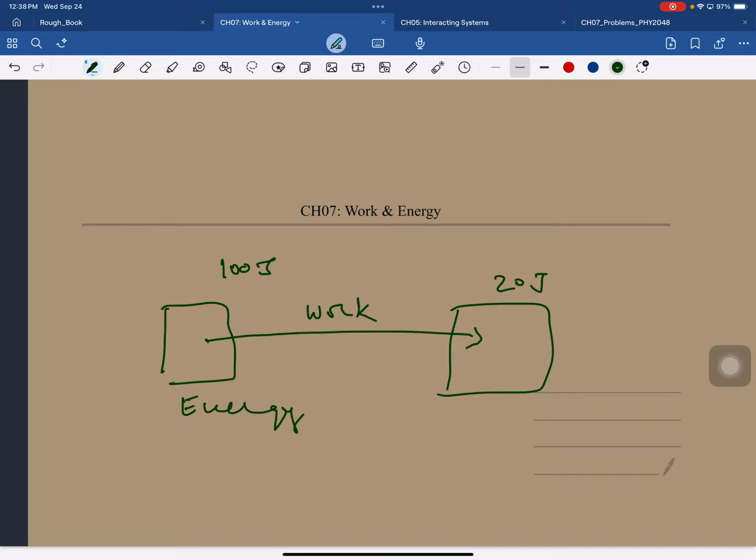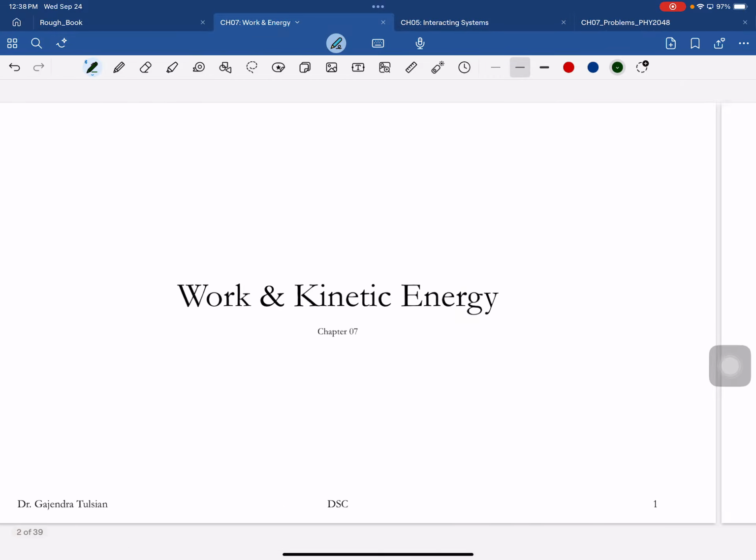So what happened to the other 80 joules of energy? It was lost as heat. It didn't get used as intended, but that's how efficient you are. You are not destroying energy. It might just not end up where you wanted it to end up.